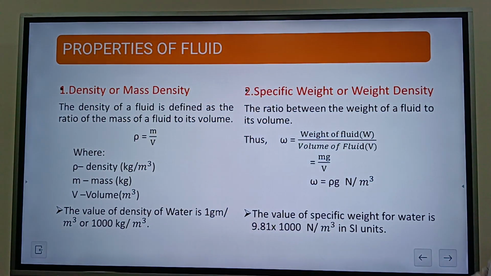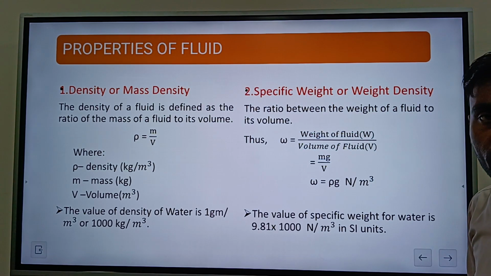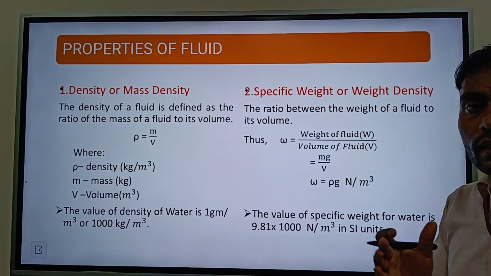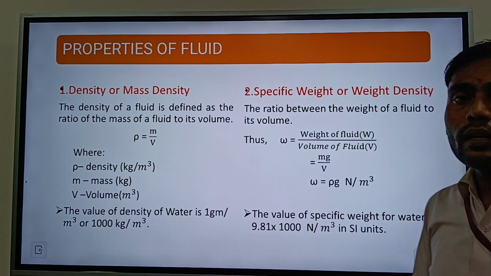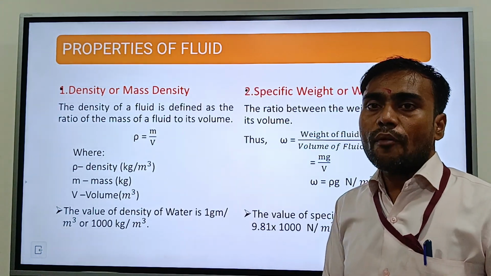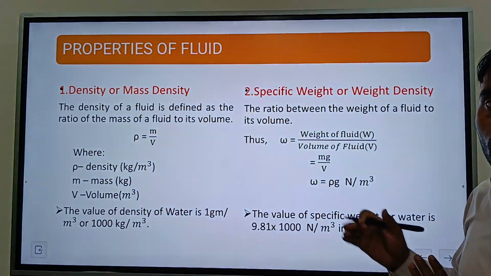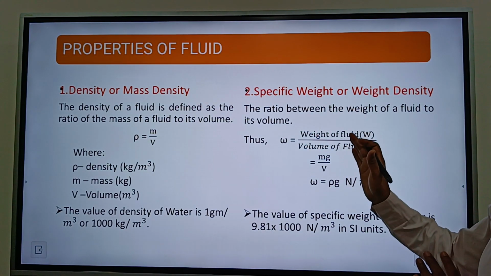Next, specific weight or weight density. It is basically a parameter by which we can compare the relative heaviness of one fluid with respect to another. Let us see how it is defined.